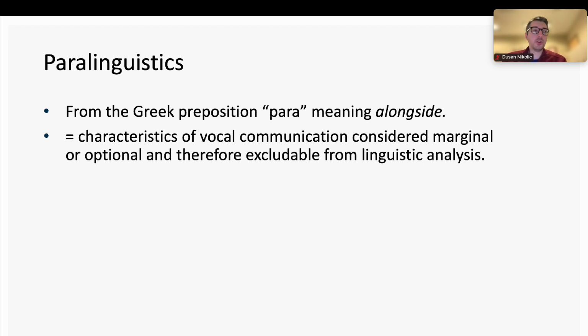So we're now talking about nonverbal communication, meaning that we are trying to avoid anything that has to do with strictly linguistic matters or the structure of language, right? So para means alongside in Greek, and paralinguistics indicates characteristics of vocal communication considered marginal or optional and therefore excludable from linguistic analysis.